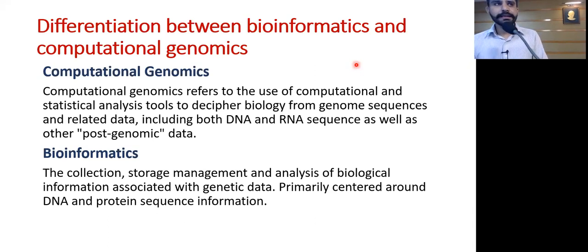So bioinformatics is the collection, storage, and analysis of biological information that is particularly associated with DNA, RNA, and protein sequence. So computational genomics is a part of bioinformatics that deals just with the analysis of genetic data, that is DNA, RNA, and protein, while bioinformatics also includes some methods of collection and storage as well.